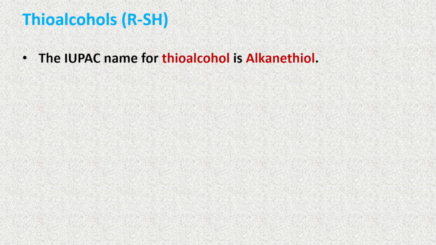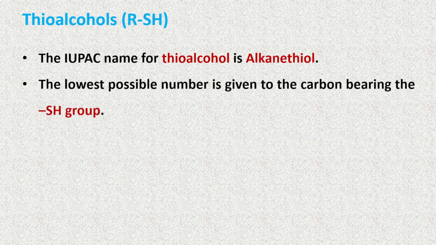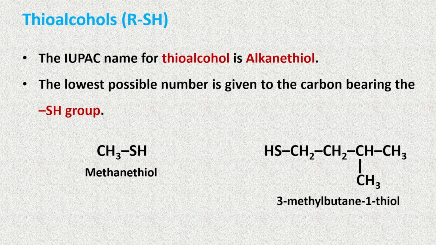Next is thioalcohol. The IUPAC name for thioalcohol is alkane thiol. The lowest possible number is given to the carbon bearing the SH group or thioalcohol group. For example, methane thiol and 3-methylbutane-1-thiol.